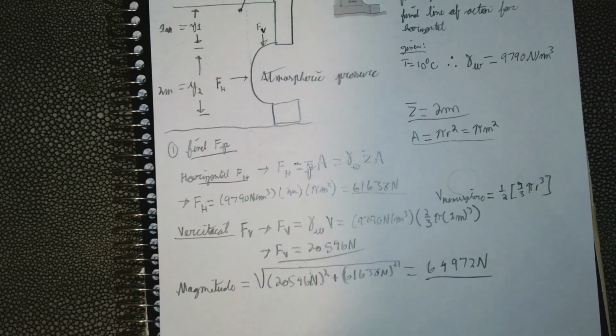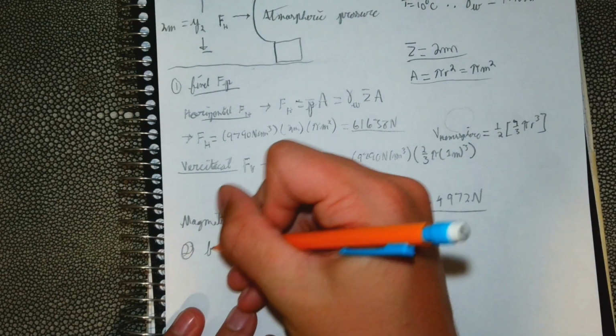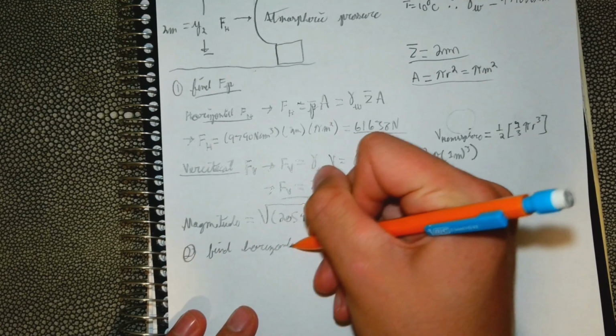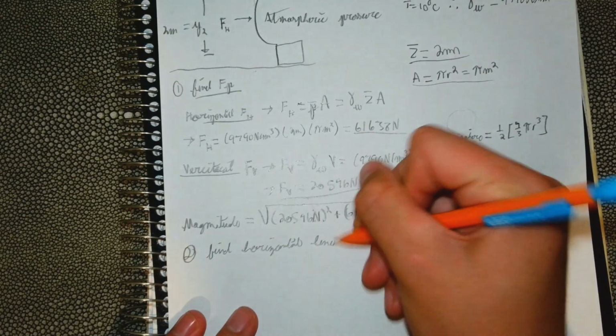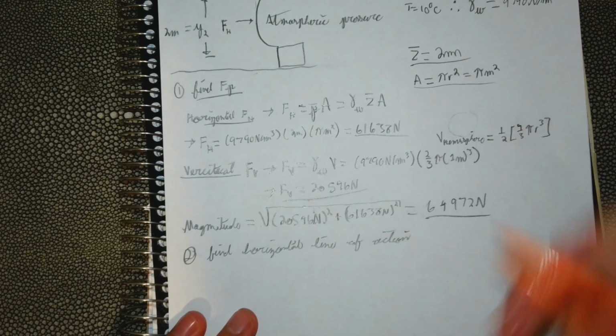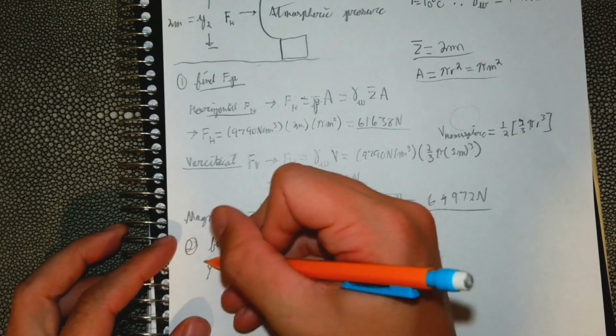Now it wants us to find the horizontal line of action. So we're only dealing with the horizontal. We're going to use that slant distance formula.